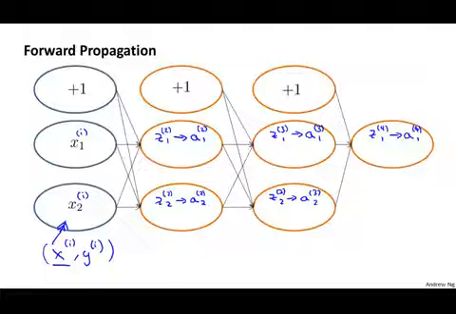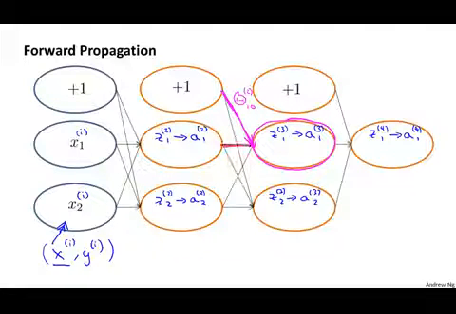If you look at what this computation is really doing, focusing on this hidden unit, let's say this weight, shown in magenta, is my weight theta^(2)_10. The indexing is important. This weight, which I'm highlighting in red, is theta^(2)_11, and this weight, which I'm drawing in cyan, is theta^(2)_12.